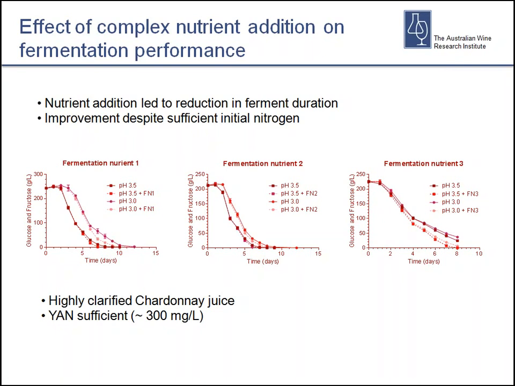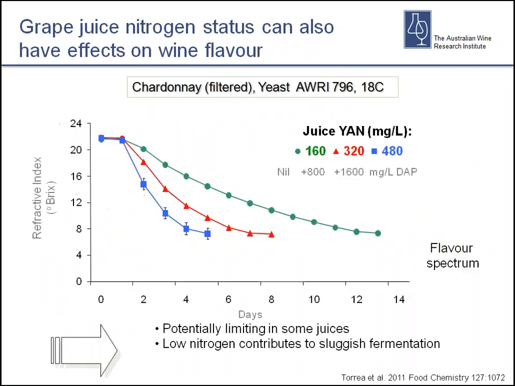But I guess it's not only fermentation performance that we're thinking about when we're adding nutrients, or in particular nitrogen, to a ferment. Grape juice nitrogen status can also have effects on wine flavour. This graphic shows the increased fermentation performance associated with increasing concentrations of initial nitrogen in the must.